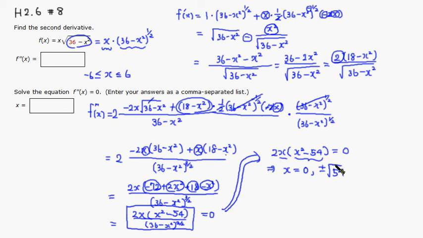So you can see that plus or minus square root of 54 is actually outside of the domain, right? So therefore, the answer for that is just 0, and this is the answer for the second derivative right there. All right, that's it. I hope that this was clear.